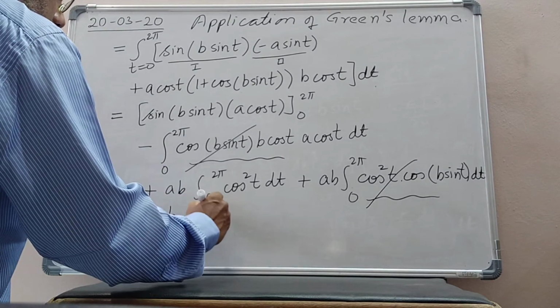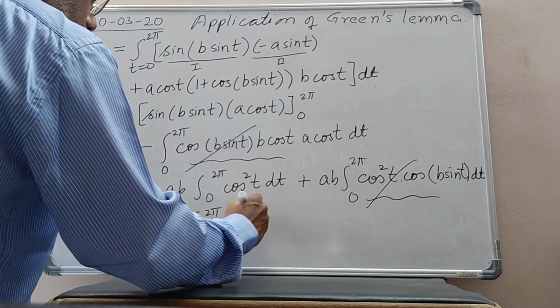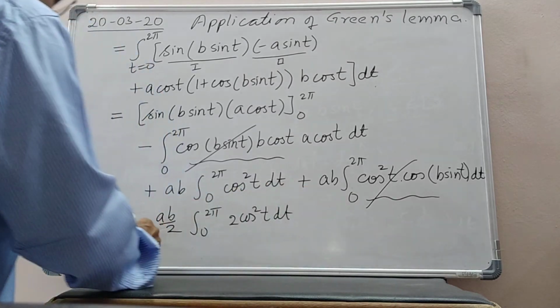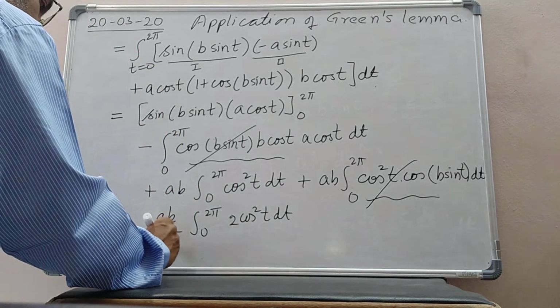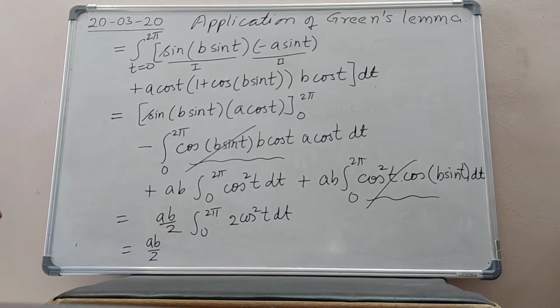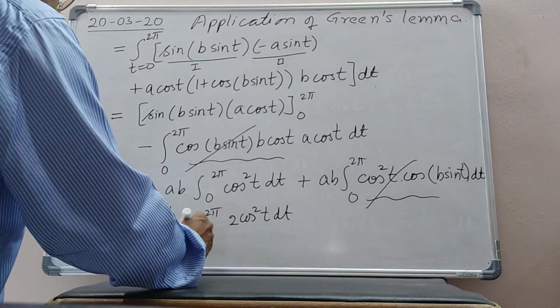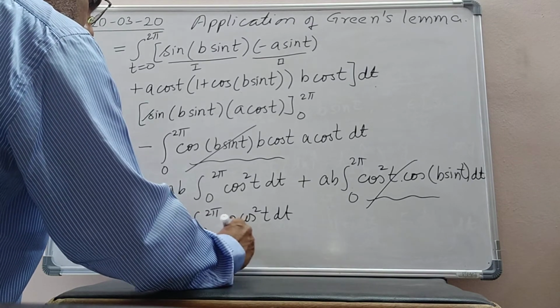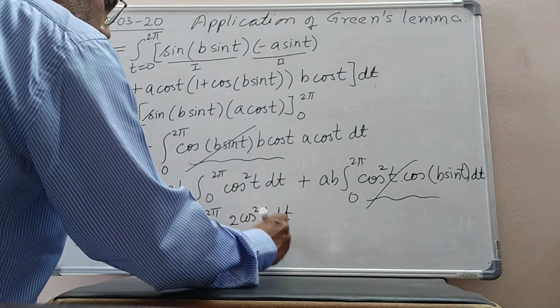Let me write it like this: 2 cos square t dt, and this is AB by 2 integral 0 to 2 pi 1 plus cos 2t dt.